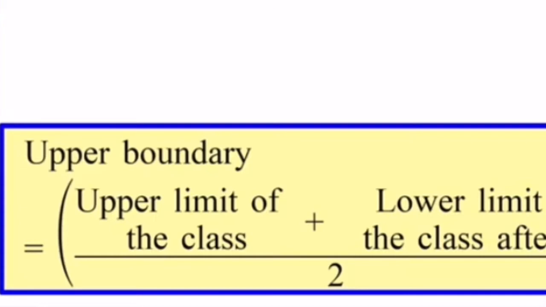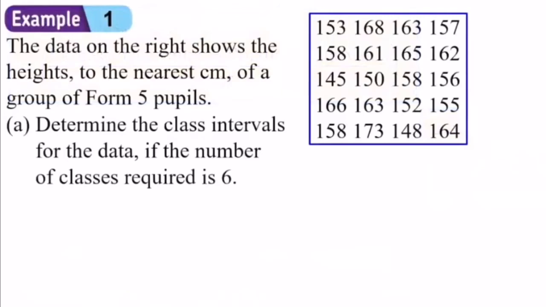So I'm going to show you how to find the upper boundary and the lower boundary using the concept that I just explained. It's actually finding the midpoint between the upper limit of the class and the lower limit of the class after it.